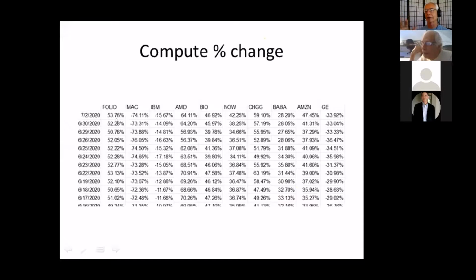Correct me if I'm wrong here, David, if I'm making mistakes here. And you end up with another list. You basically compute the percent change. I'm building this thing up gradually. If I showed you the whole spreadsheet at one time, it's pretty amazing. So I'm just trying to show you the individual components as I understand them.